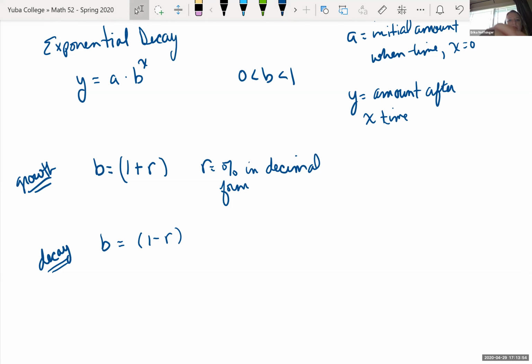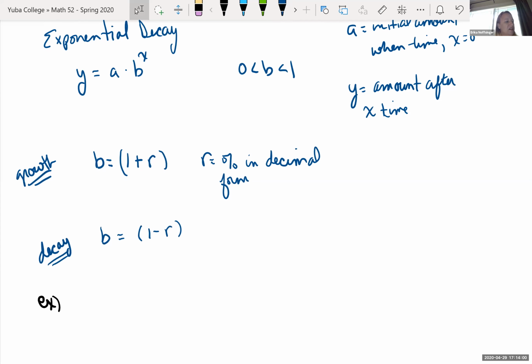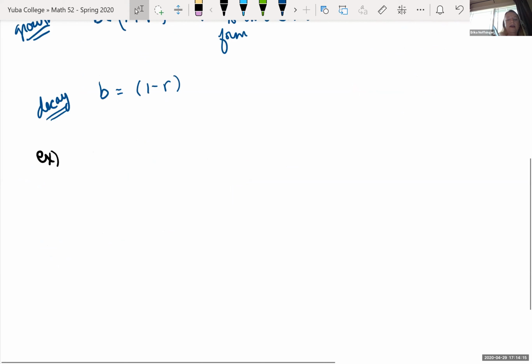Okay, so going to an example, we're given the following. A substance decays 22% each day. After 7 days, there are 9 milligrams of the substance remaining. How many milligrams were there initially? It might be faster if I type this, so let's try that. Let's see if you can read it.